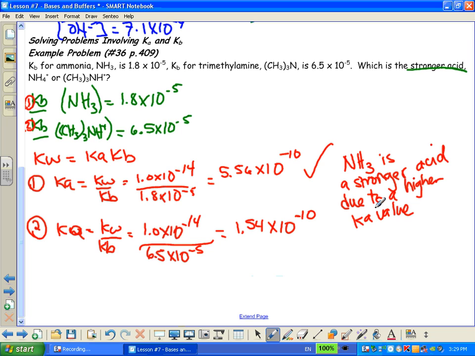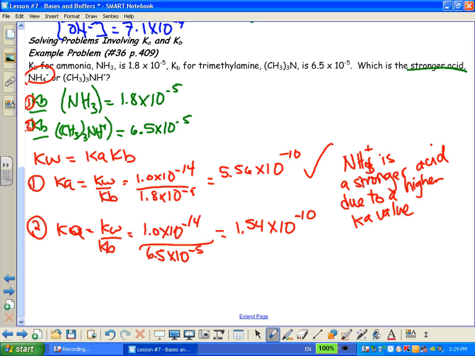Sorry, I just made a small mistake, because we're looking at the base, so it's going to be the acid, which would be NH4+. So NH4+, which is what the question was asking, is the stronger acid due to a higher Ka value.